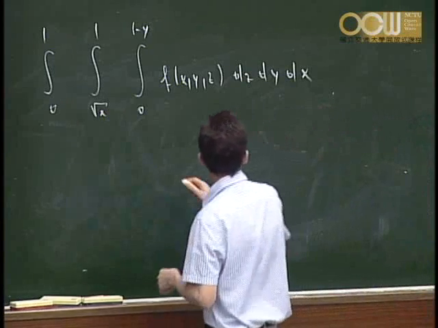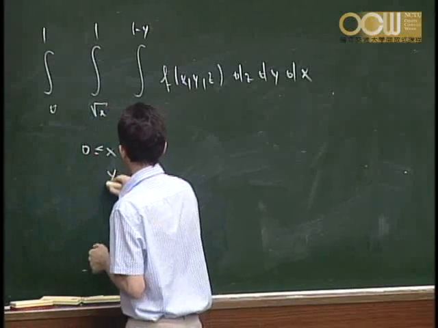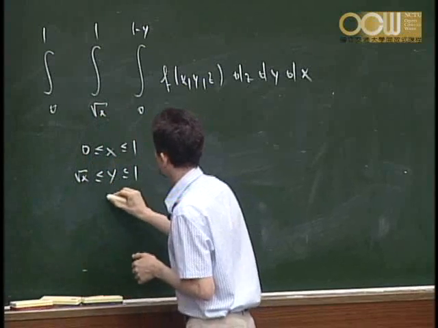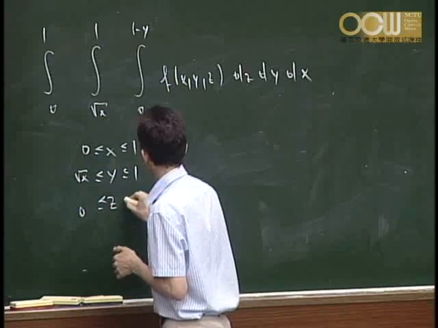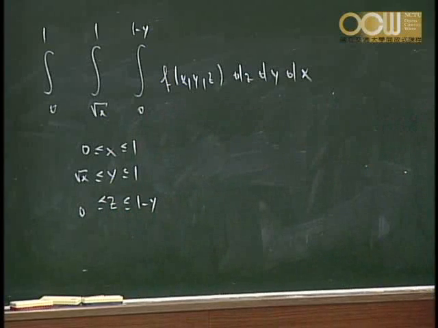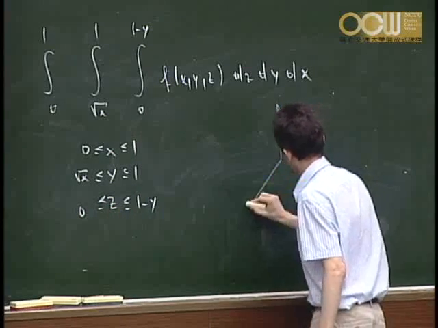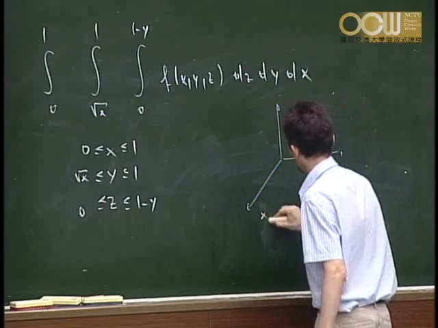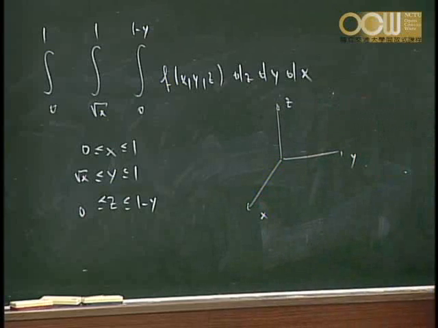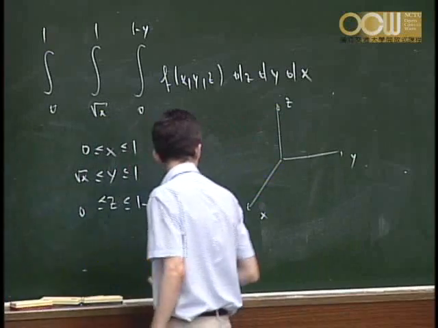Now, so the x goes from 0 to 1, the y goes from square root of x to 1, and the z goes from 0 to 1 minus y. Okay, so let's try to plot the space region.